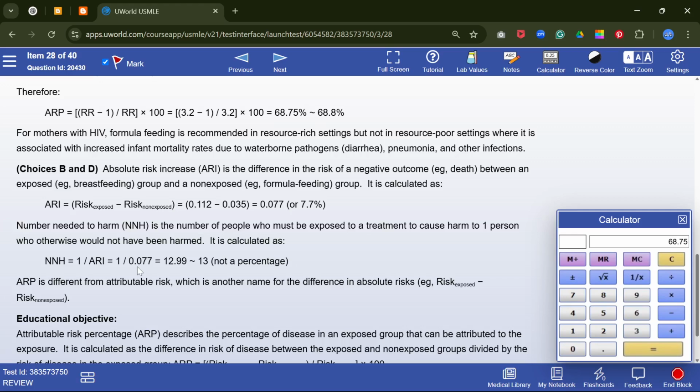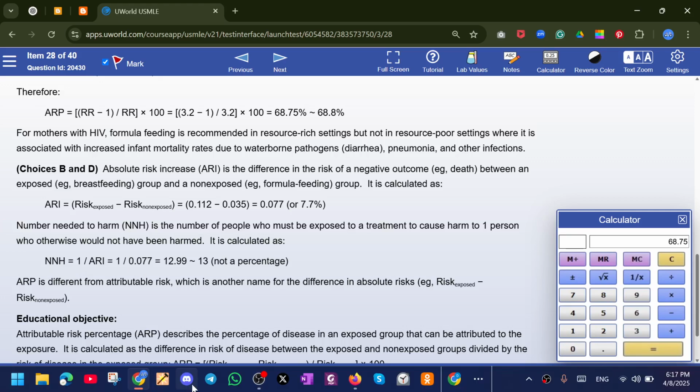Here, 0.112 minus 0.035 is 0.077, which is the absolute risk increase. 1 divided by 0.077 equals 12.9, about 13. So 13 is the number needed to harm.